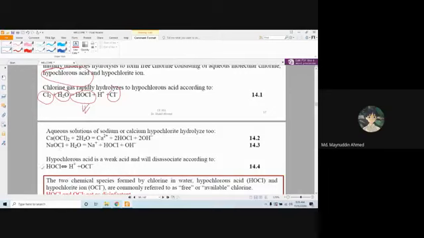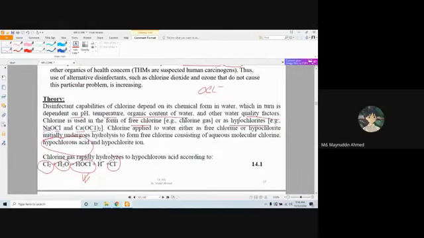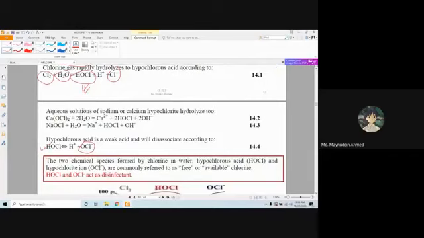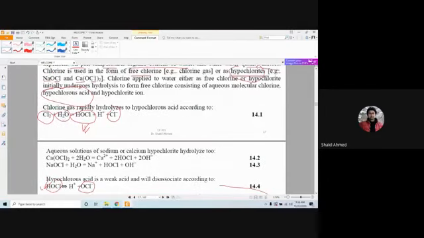So this hypochlorous acid, since this is an acid, gives hydrogen ion and hypochlorite ion. This is the hypochlorite ion. So basically, HOCl, hypochlorous acid, and hypochlorite ion are formed by the addition of chlorine to the water.